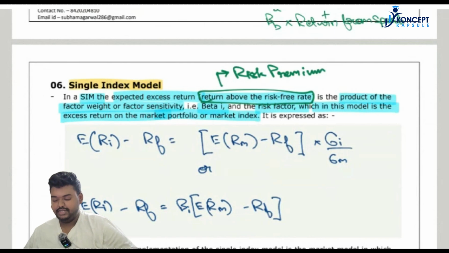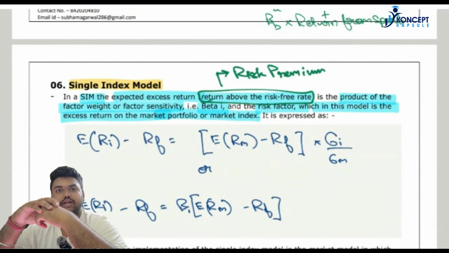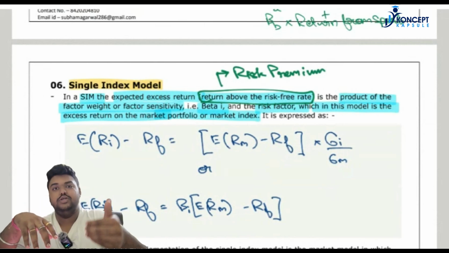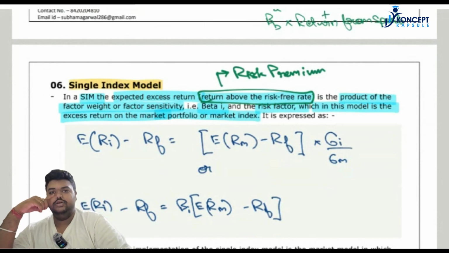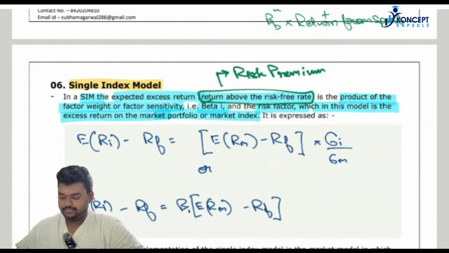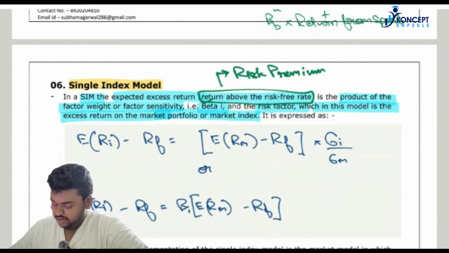So basically what it is saying is that over here your risk premium is based on the market. The returns that you are making will be dependent upon the market returns. Guys, see what is mentioned over here.